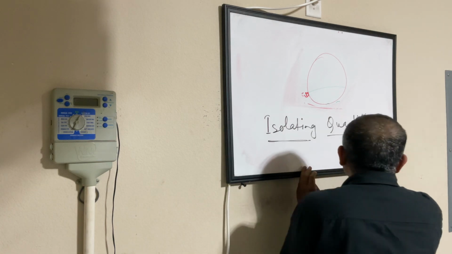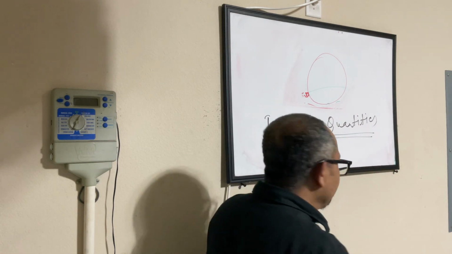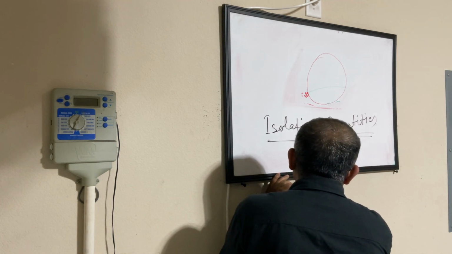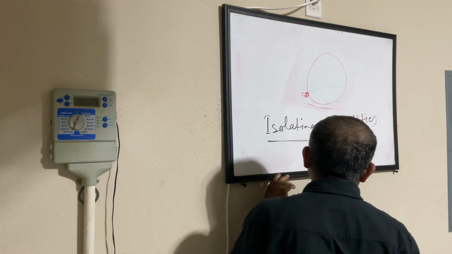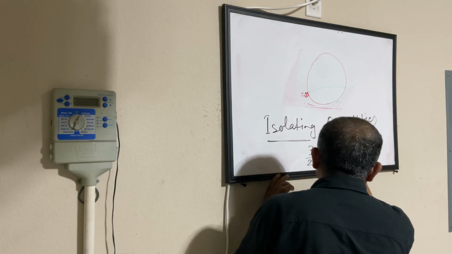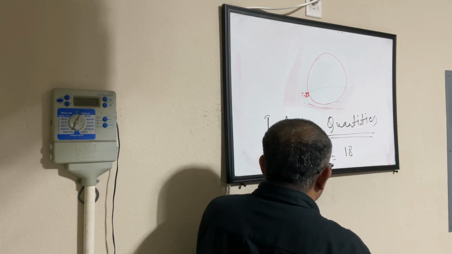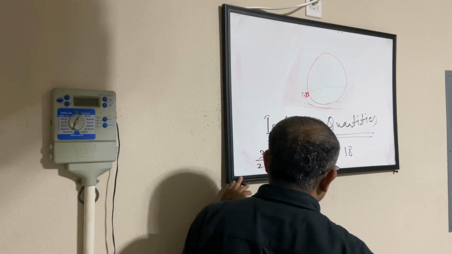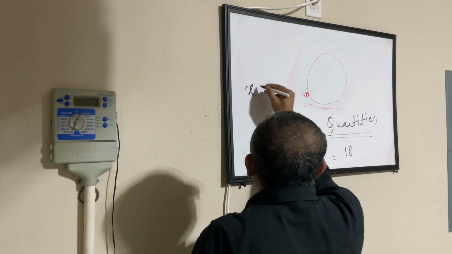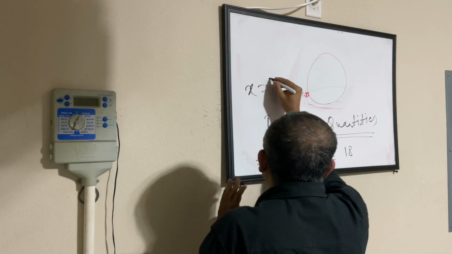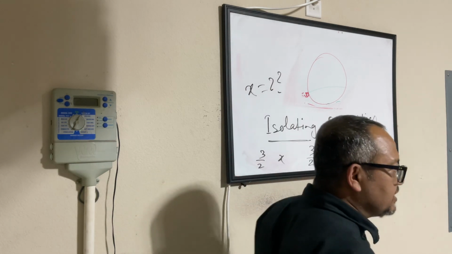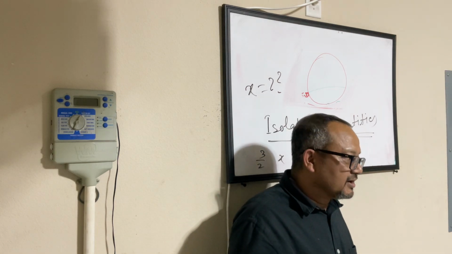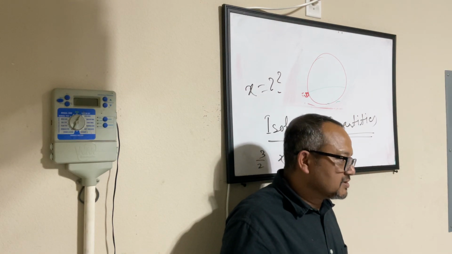Similarly, when I'm talking about isolating quantities, as Dhanvin and Dave explained, if I have this equal to something, what I'm trying to do is isolate these two and get to a point where I have x on one side and everything else on the other side. Essentially, isolating quantities is a technique that we use for solving equations.